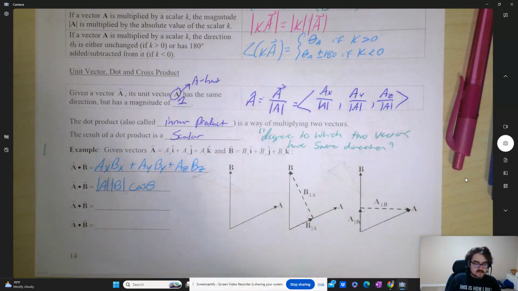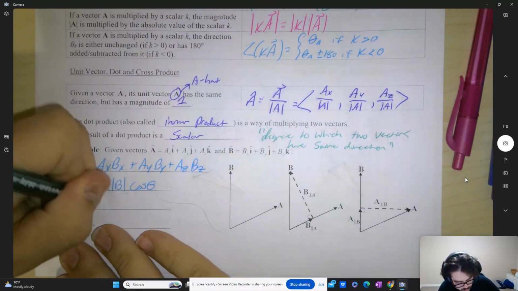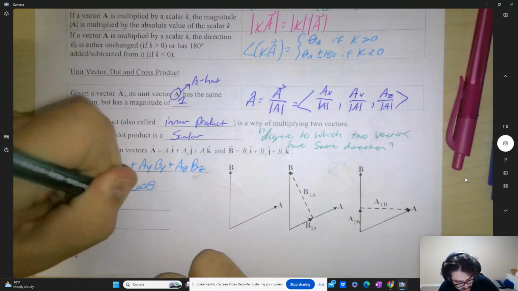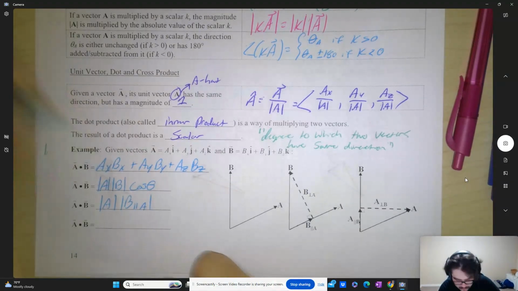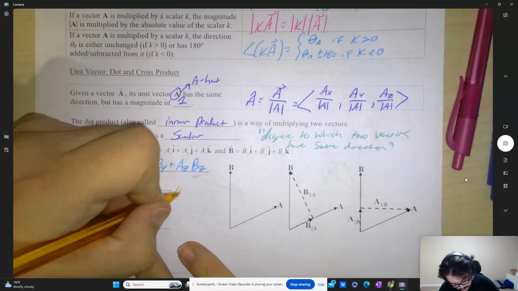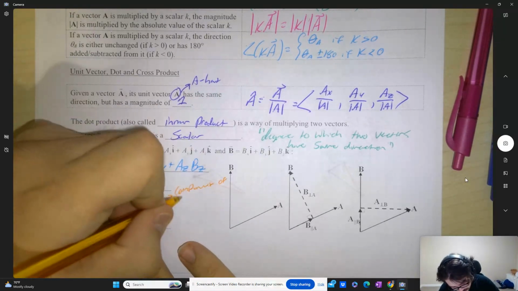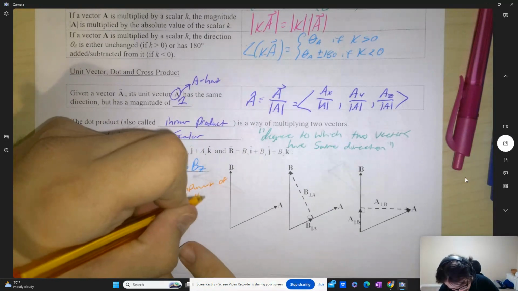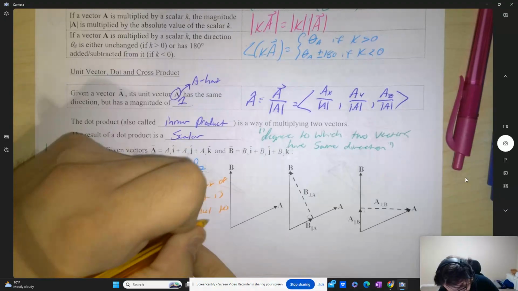The last two ways of doing it, in my opinion, are the more confusing ways, and I would avoid using them if I were you, but they are essentially the same as AB cosine theta. The first one is the magnitude of A times the component of B that is parallel to A. And that should make sense, right?